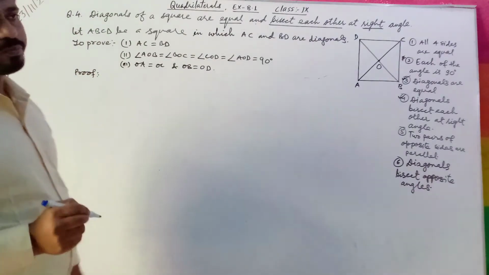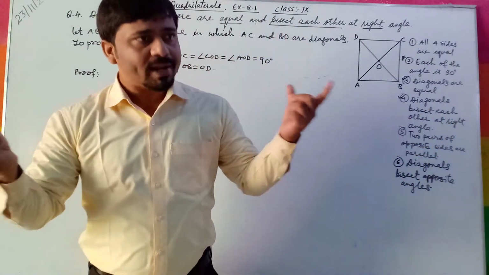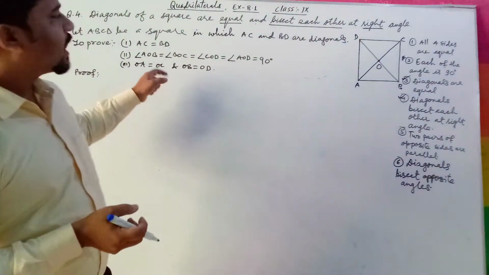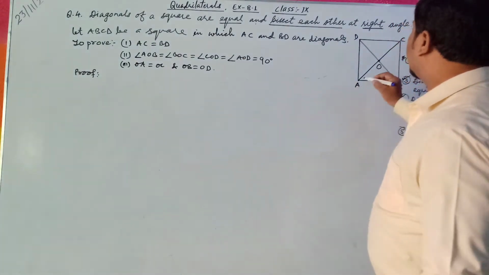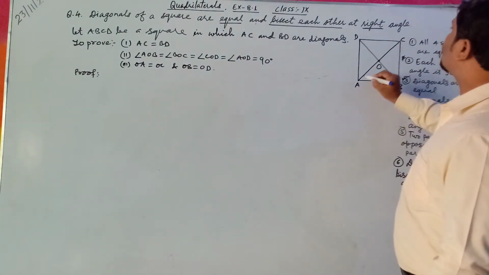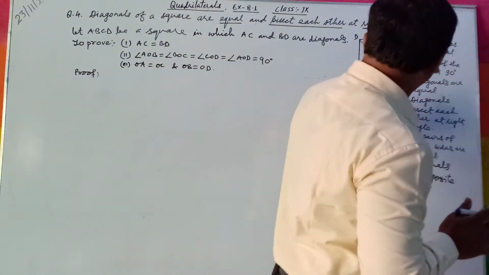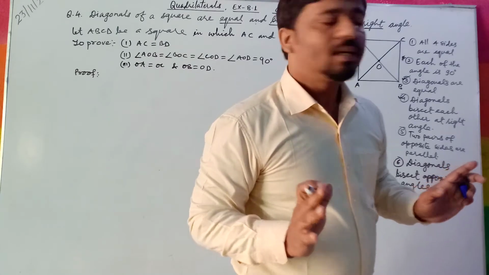In the proof, I told you we will take two triangles. What type of triangle will we take so that we can prove AC equals BD? AC should come whole, and BD also should come whole.